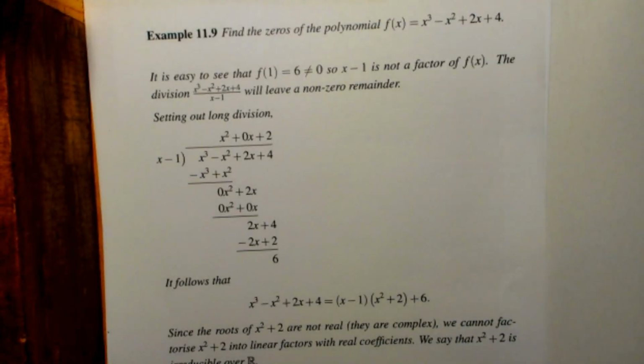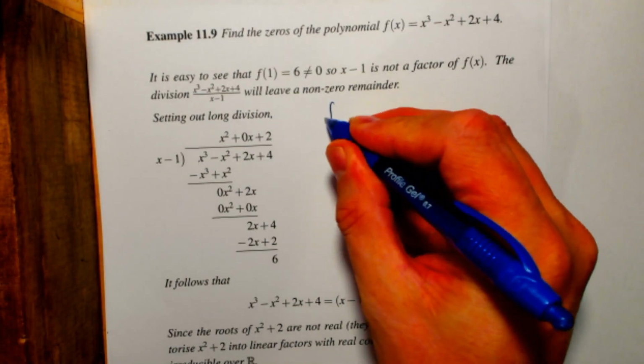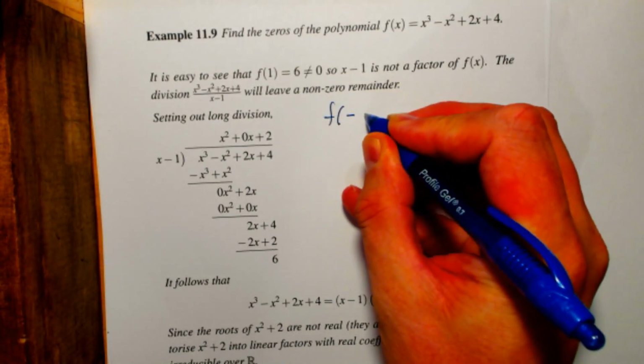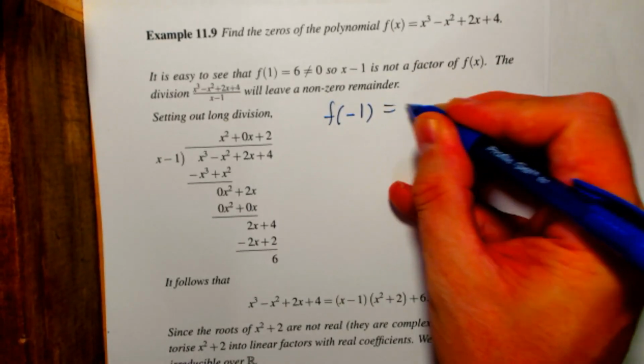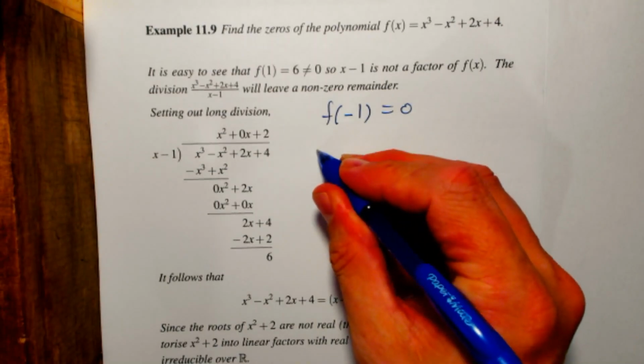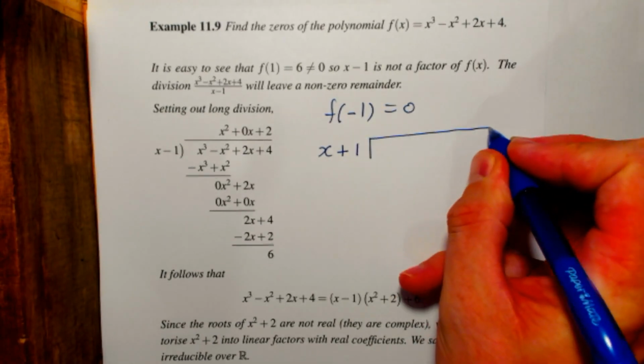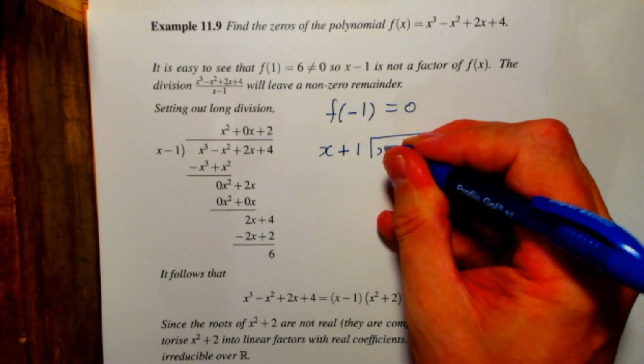Okay, so f of minus 1 is equal to 0. So instead what I should do is do the long division x plus 1 on the left of this.